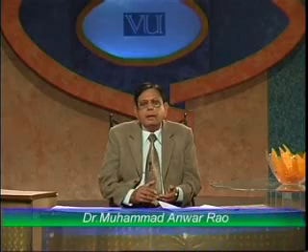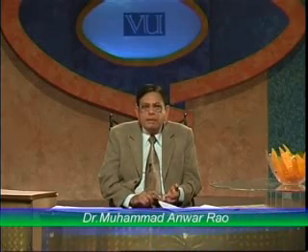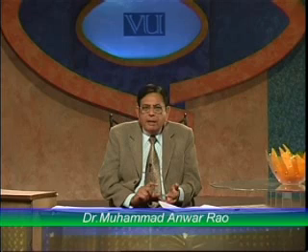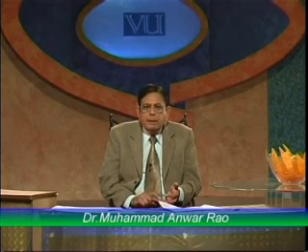So when we want to find the scalar projection of the vector B in the direction of vector A, find the dot product of vector B and the unit vector in the direction of vector A. And if we want to find the vector projection of the vector B in the direction of vector A, first of all find B dot A and A dot A, these are two scalar quantities.